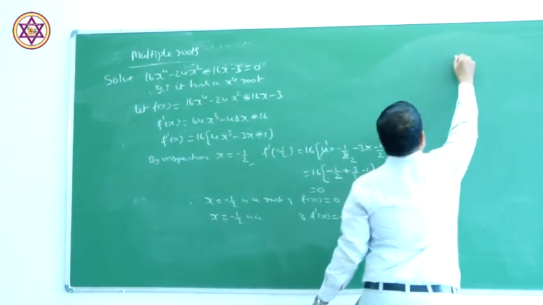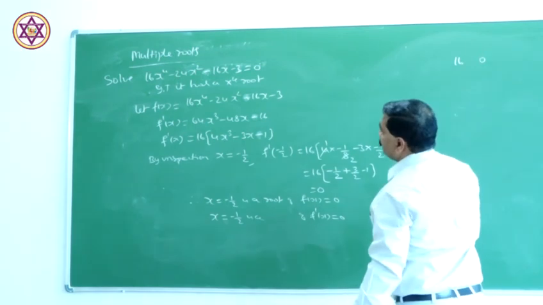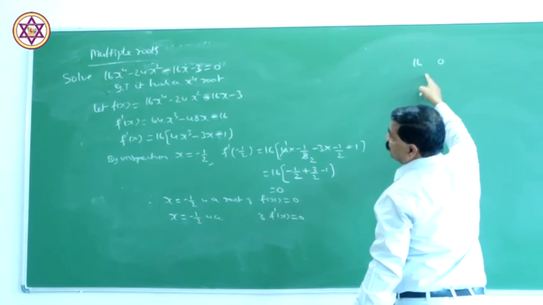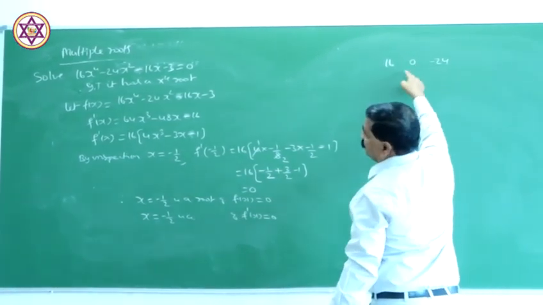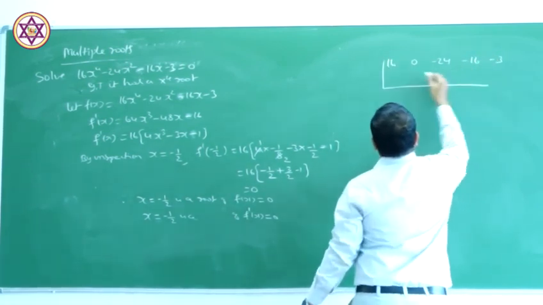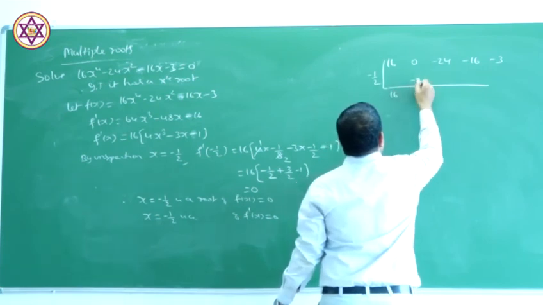Here 16, 0, minus 24, 16, minus 3. So minus half you take like this, 16 means minus 8.